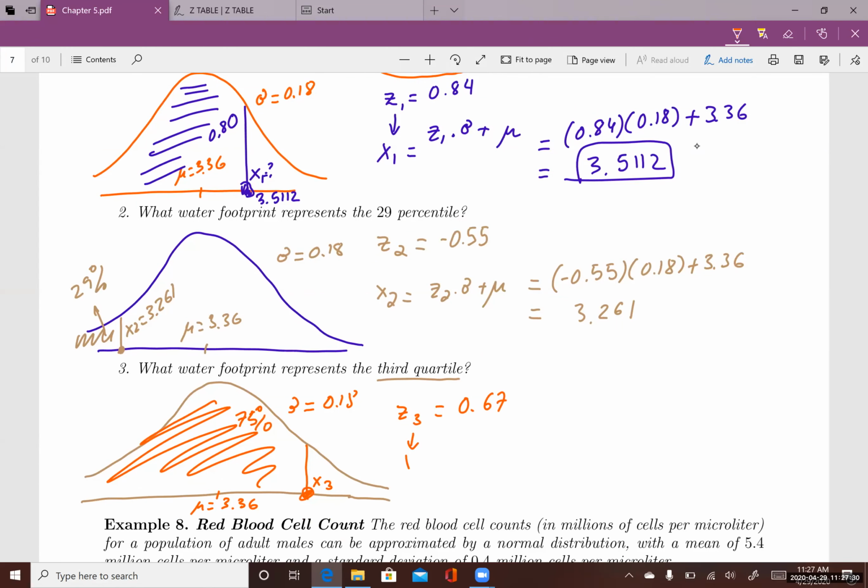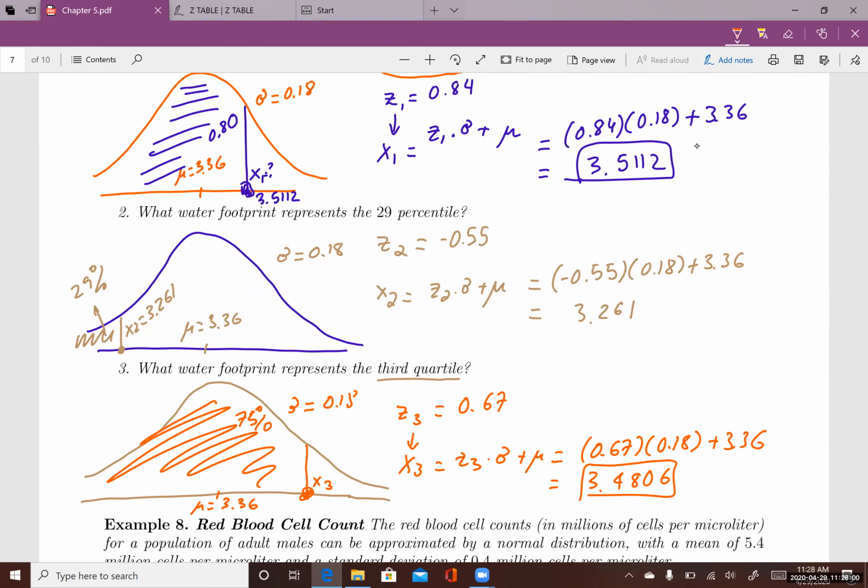And then you can find x3 equals z3 times sigma plus mu, which equals 0.67 times 0.18 plus 3.36, which will give you 3.4806.